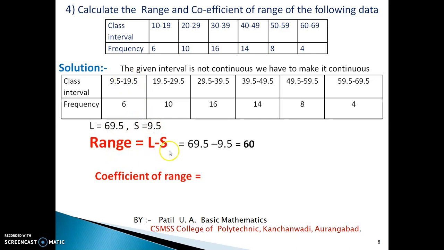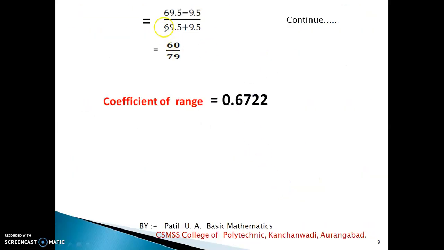Range equals L minus S, 69.5 minus 9.5 equals 60. Now find the coefficient of range: L minus S over L plus S. Continue on the next slide. 69.5 minus 9.5 over 69.5 plus 9.5 equals 60 over 79. Coefficient of range equals 0.7595.